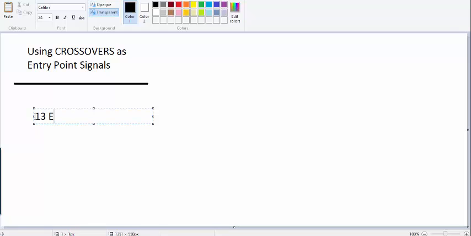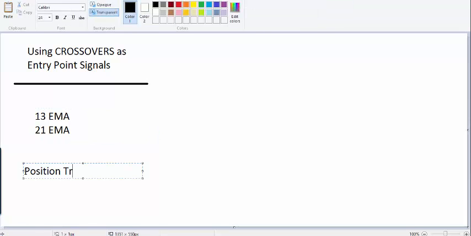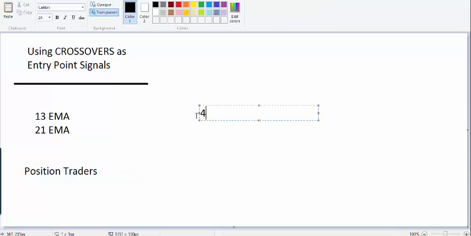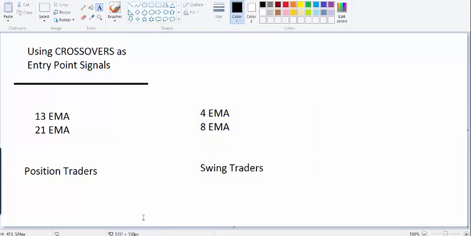I like the 13 EMA and the 21 EMA, and in general for position traders. Or I like the 4 EMA over the 8 EMA for swing traders. See those two differences right there.